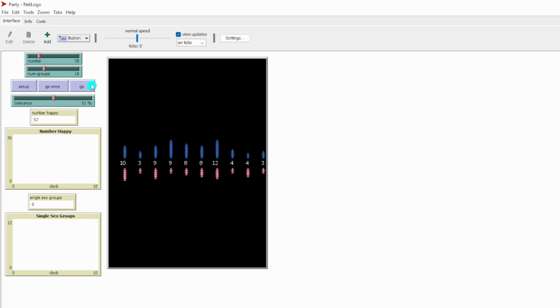Set up and go. The model just stopped running. We have everybody in the group who is happy. Again, we have every single group segregated by sex.